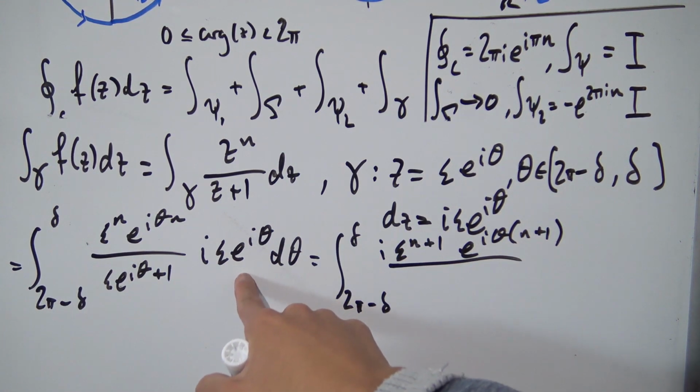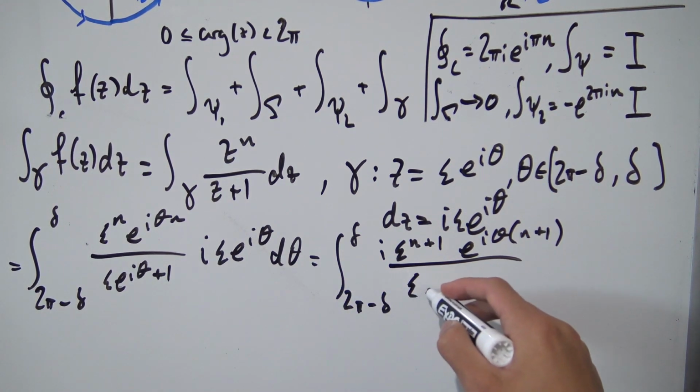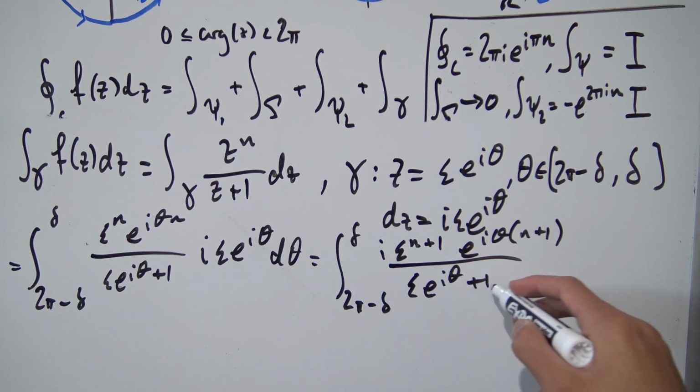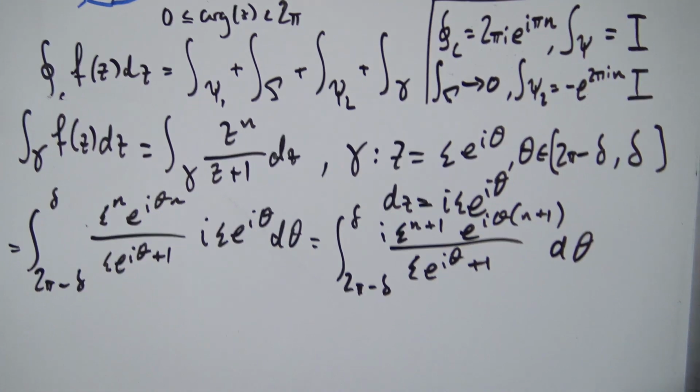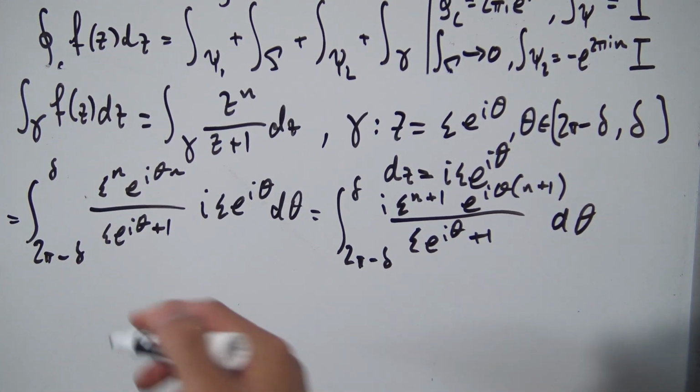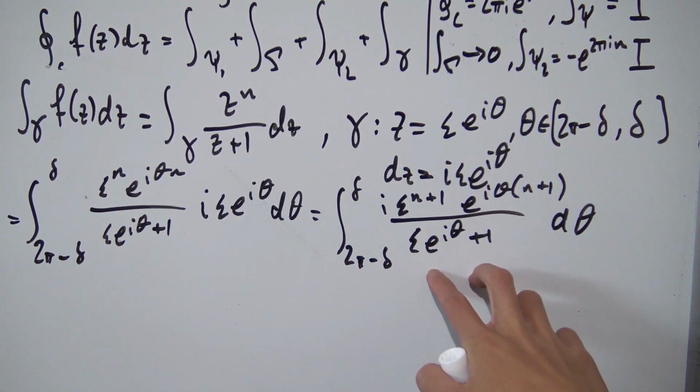And yeah, this is accounted for, and we have epsilon e to the i theta plus 1 d theta. Alright, and now we want to show that this goes to 0 by taking the limit as our epsilon approaches 0. And if we take the limit on this integral, I think it's safe just to chuck the limit inside of the integral and take the limit in there on the integrand itself.